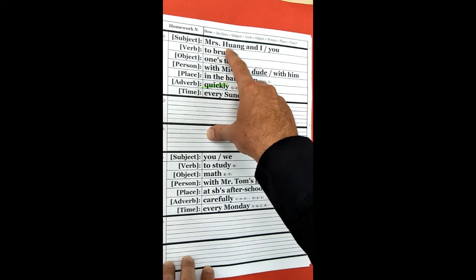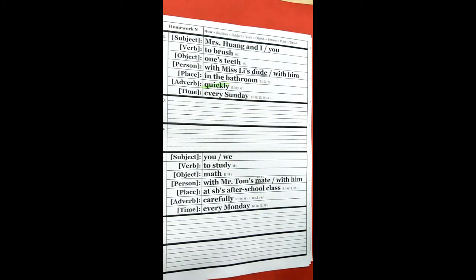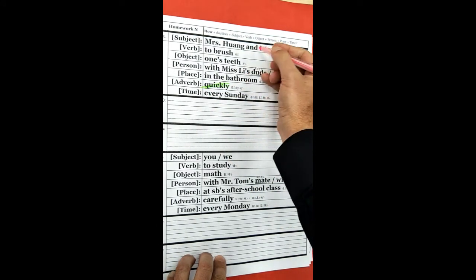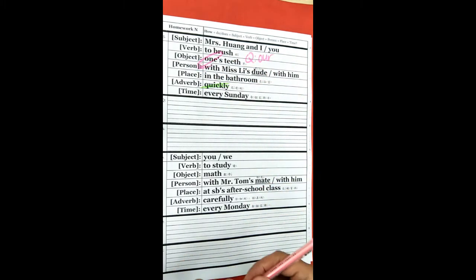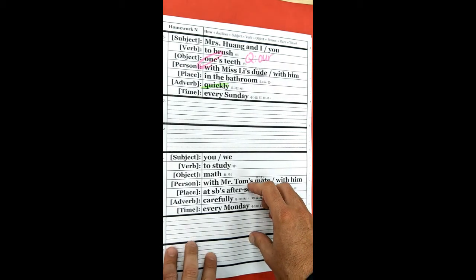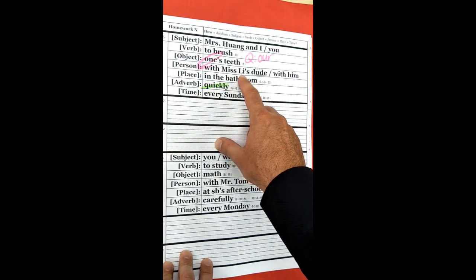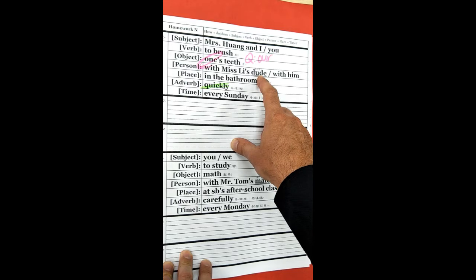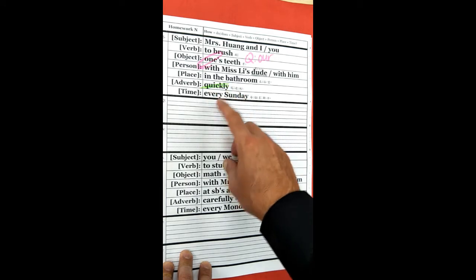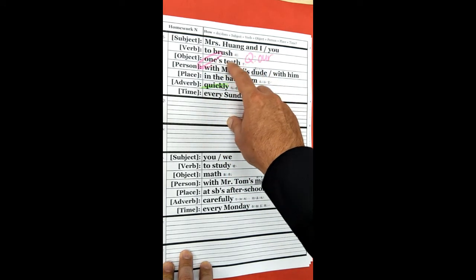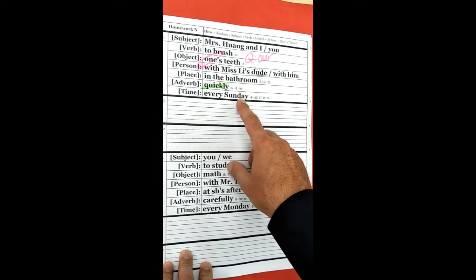How do Mrs. Huang and I brush our, see? Mrs. Huang and I, so our, the Q is our. Again, how do Mrs. Huang and I brush our teeth with Miss Leeds' dude in the bathroom every Sunday?